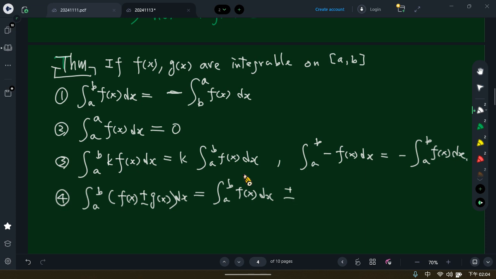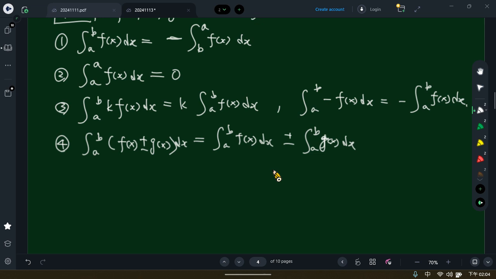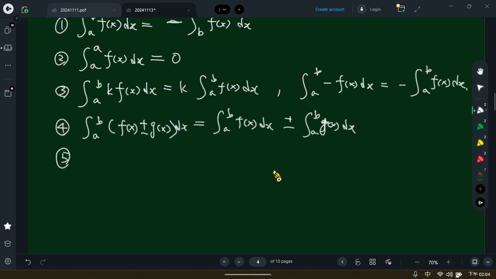So you can just add them together or subtract them, or just individually calculate them, then we just add the results together or subtract them together. I think this rule is not that hard, so I just simply introduce you and quickly go through all of them. And this one is also important.